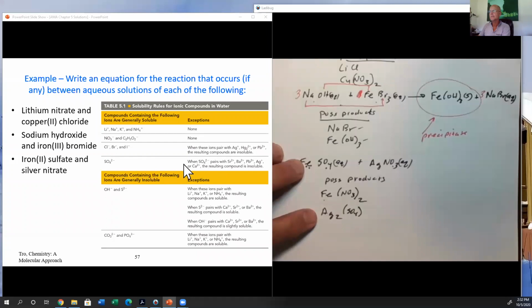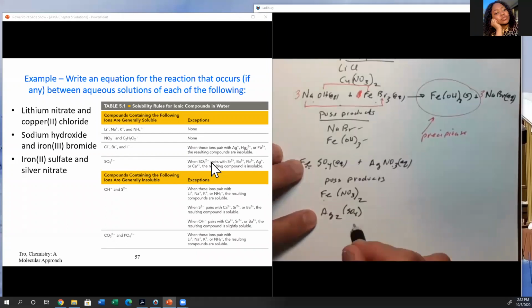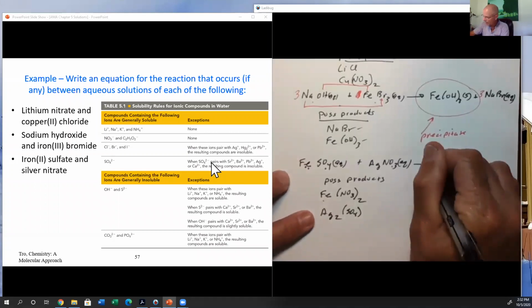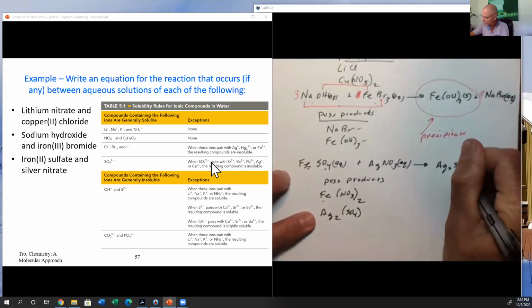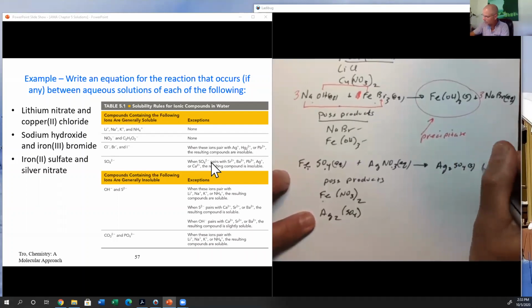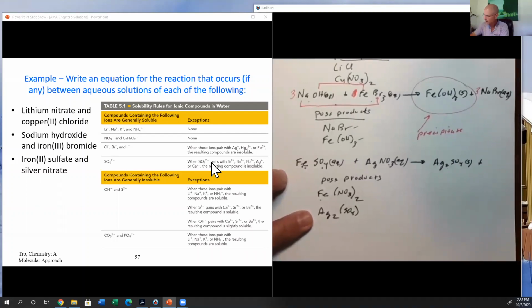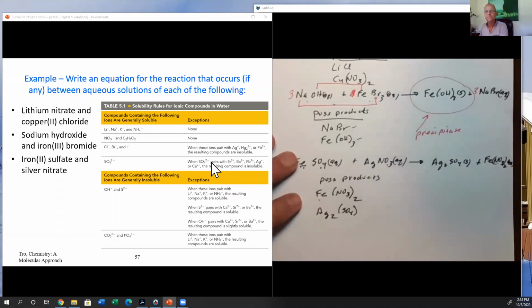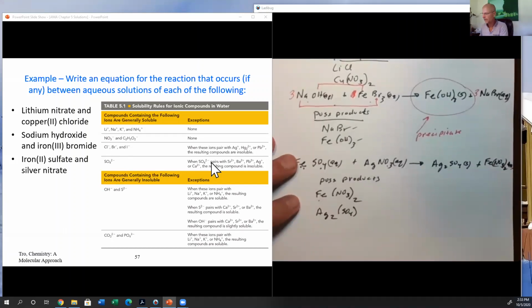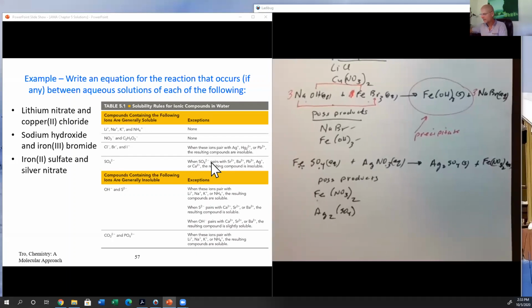What about silver sulfate? It's insoluble, so there's my precipitate. So I'm going to have Ag2SO4 solid plus Fe(NO3)2 aqueous. Oops, ran out of room there, but that should be aqueous on the end. This time I won't forget to balance it.